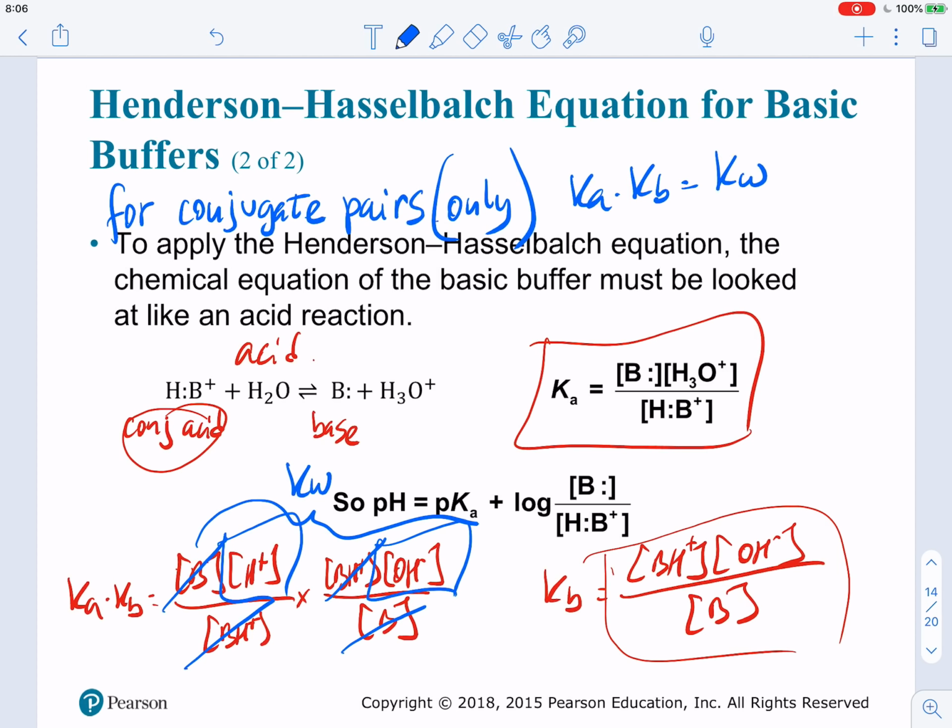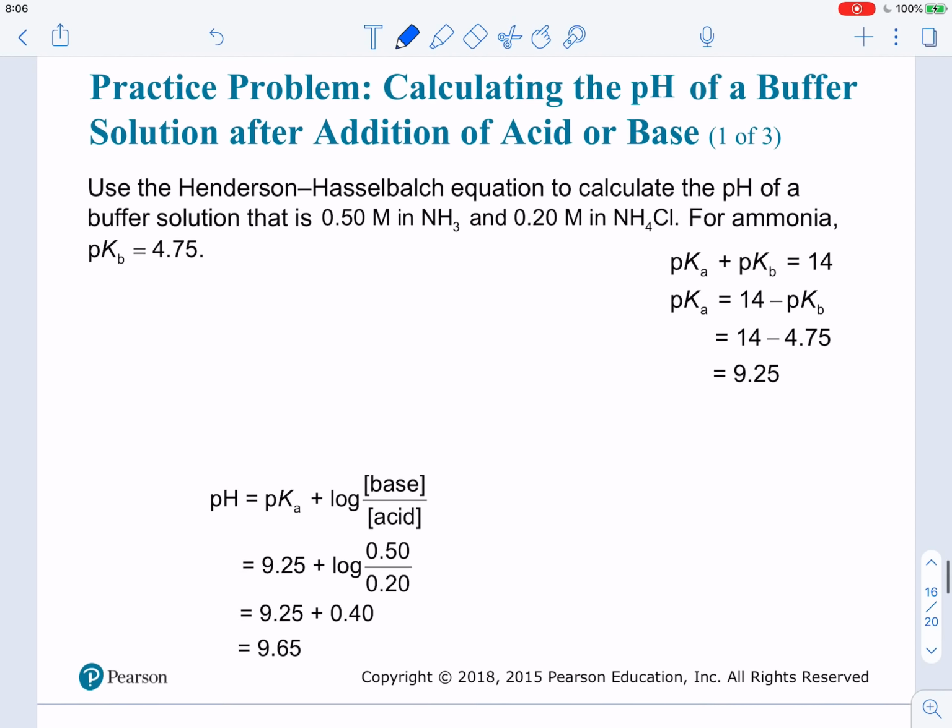Okay, if you have the acid constant for an acid, you can obtain the base constant for the conjugate base from that expression. And vice versa if you have the case of a base and the conjugate acid. So in the next example, we have just that. Okay?